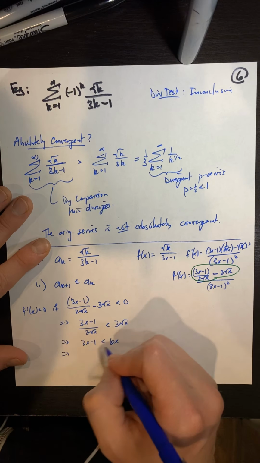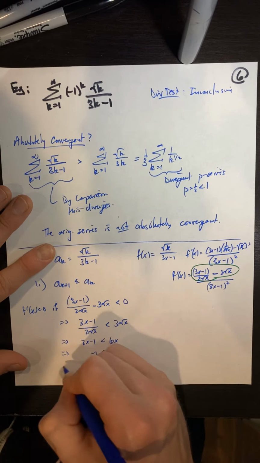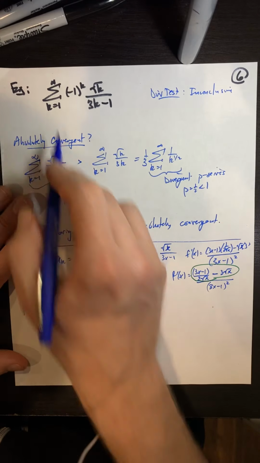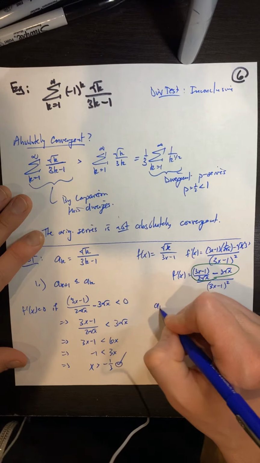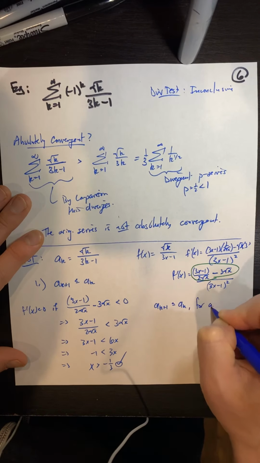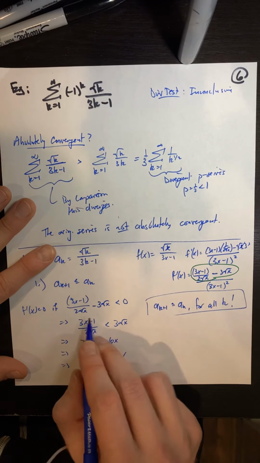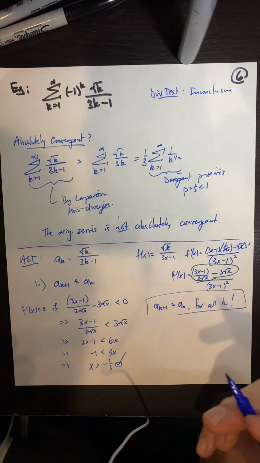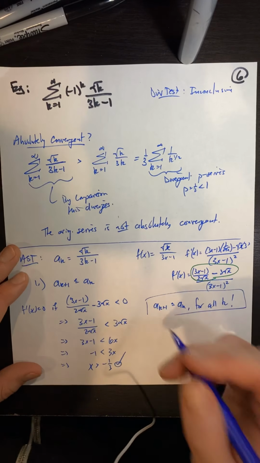So negative 1 is less than 3x. As long as x is greater than negative 1/3, which is true because k is always bigger than 1, a sub k plus 1 is less than or equal to a sub k for all k. The derivative is negative when x is bigger than negative 1/3. Now switch that back to k. k is always bigger than 1, so that thing is always going to be decreasing.